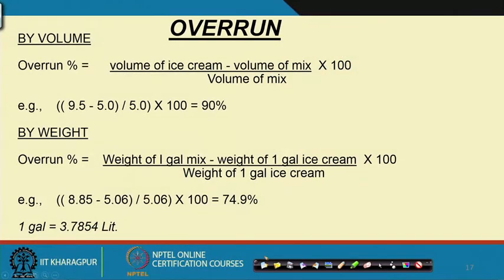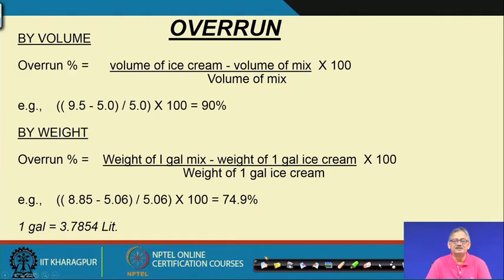So, there must be some process, some mechanism by which neither the consumer will be deprived nor the manufacturer will run at a loss, because he is manufacturing for profit to earn his bread and butter.